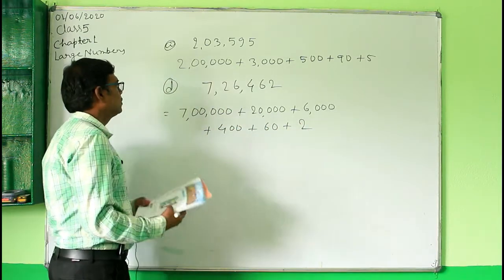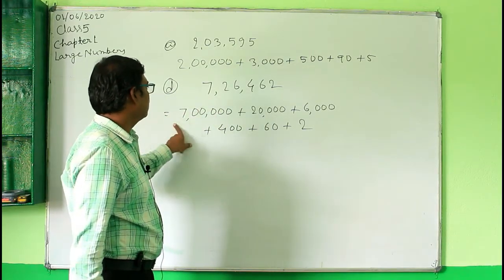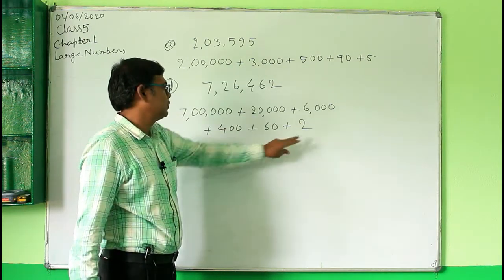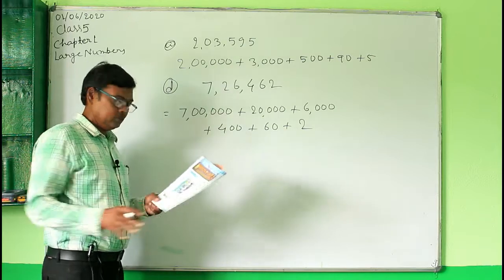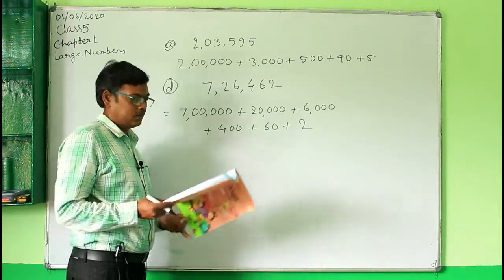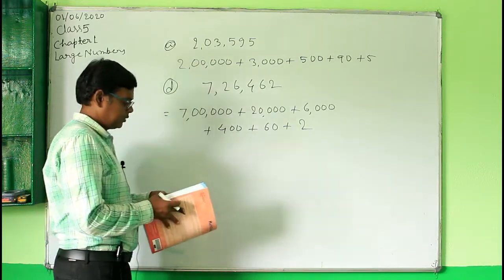So this is the answer, that is the expanded form of this number: 7 lakh plus 20,000 plus 6,000 plus 400 plus 60 plus 2. And your homework is to solve the remaining questions, that is B and C. This is your homework.